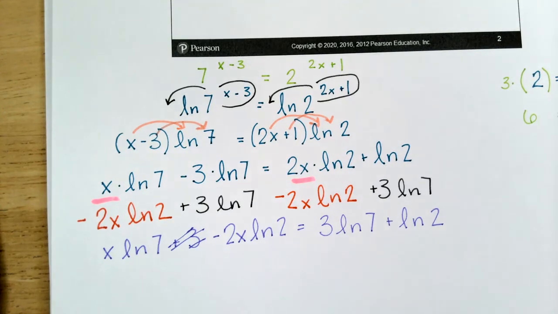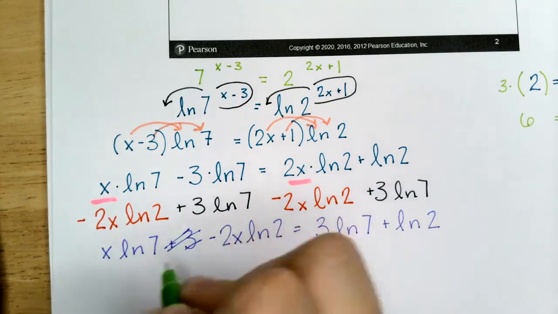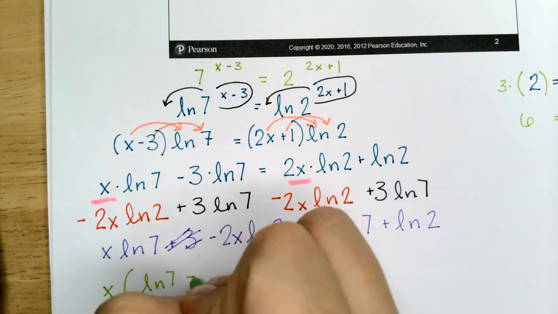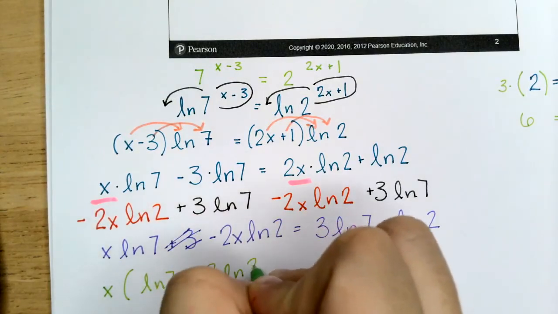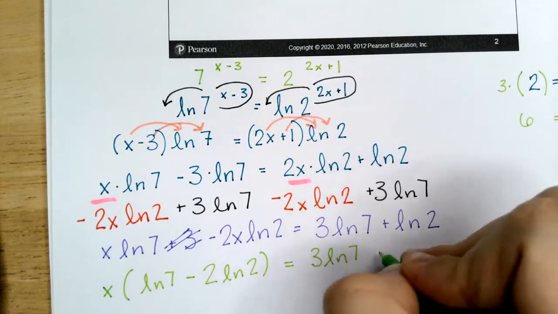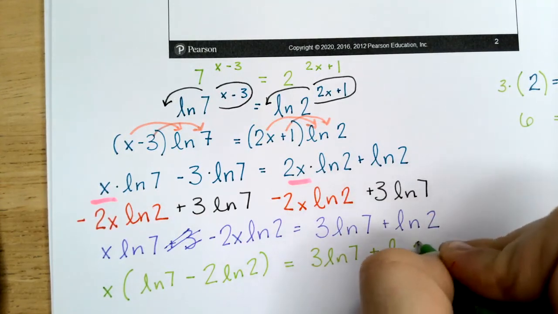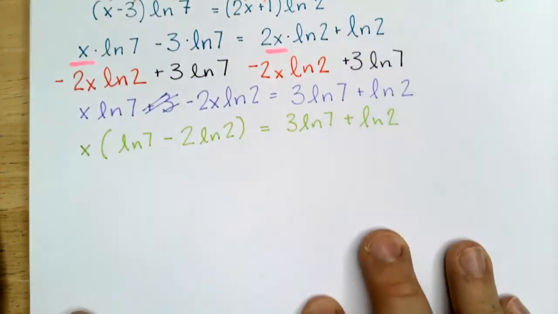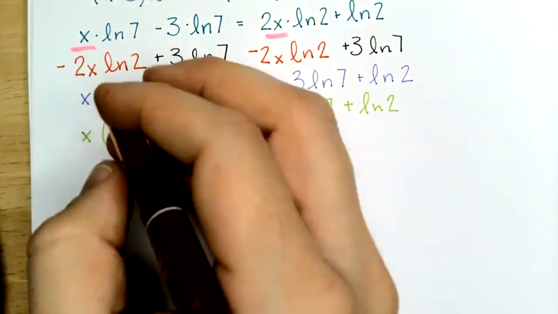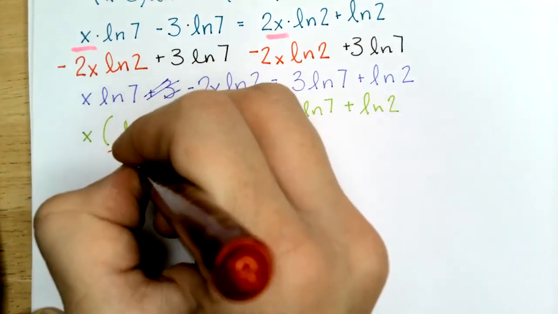All right. Now I'm going to factor out my x. So I'm going to say x times natural log 7 minus 2 natural log 2 equals, I didn't do anything to this side, so I'm just rewriting it. Okay? And now to get x alone, I'm going to divide both sides by this.